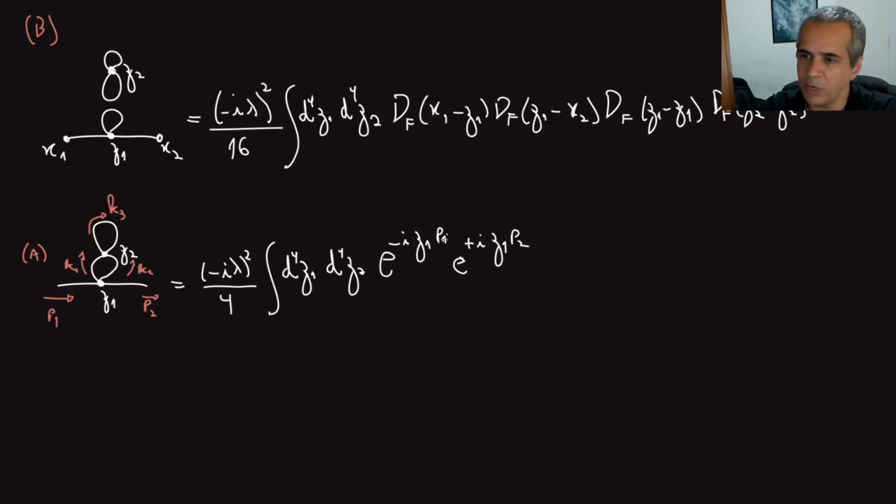If you don't remember where these exponentials come from, go back to that heuristic derivation I did for the Feynman rules in momentum space, and you'll see it's just the external momenta. That's the action I had when I contracted one of the fields inside with the external momenta, in this case P1 or P2. I got this exponential. And the rest is just the Fourier transform of the propagators that are in here.